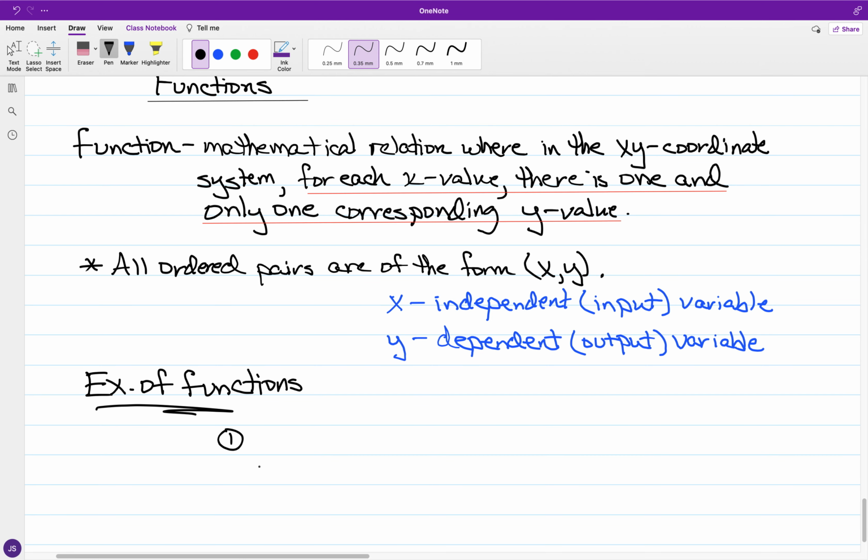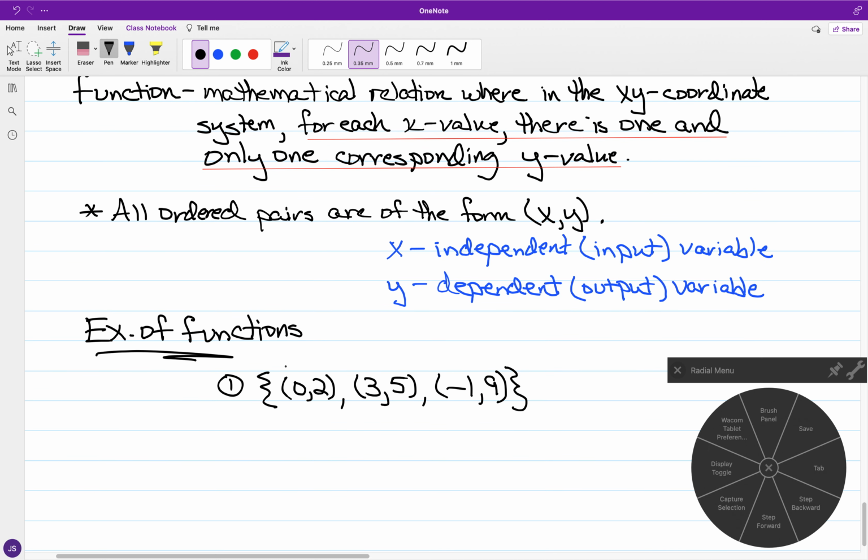So for the first case, let's say we have (0, 2), as well as (3, 5), and also (-1, 9). And for functions, again, for each x value there's going to be only one corresponding y value. So you have your x values at 0, 3, and -1. You have 0 uniquely paired with 2, 3 uniquely paired with 5, and -1 only joined with 9.